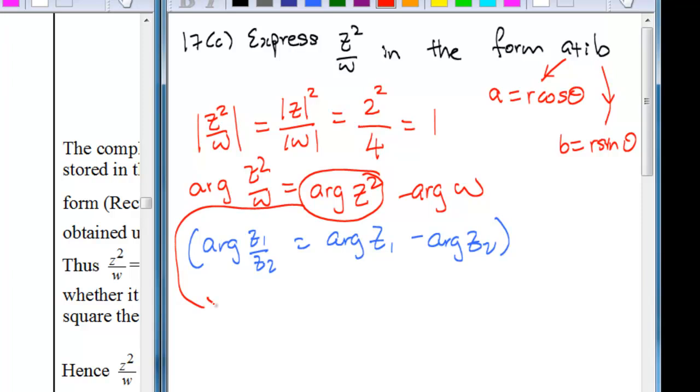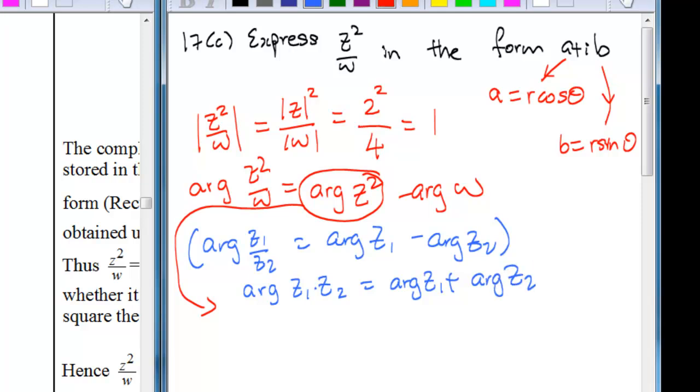Recall that the argument of z1 multiplied by z2 will be the argument of z1 plus the argument of z2.